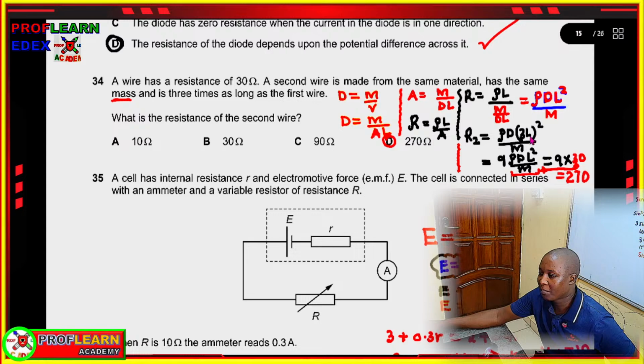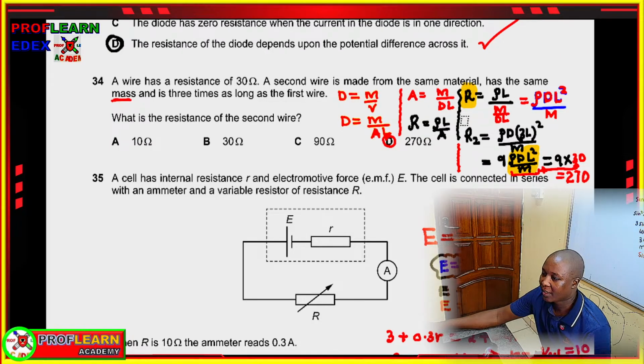If you raise the power 2, that becomes 9. So our equation ends up being R for the second wire equal to 9 times resistivity times density times L squared over M. But all that we have here represents the resistance of the first wire R, and the resistance of the first wire was 30.